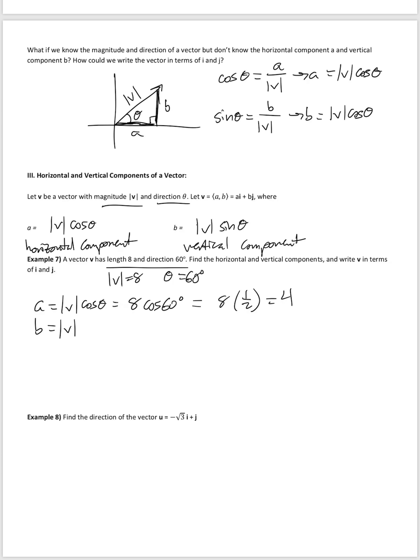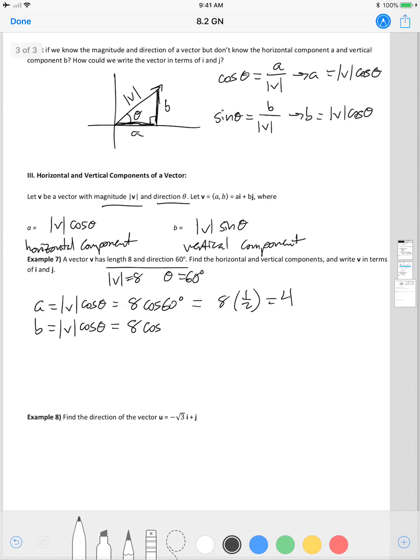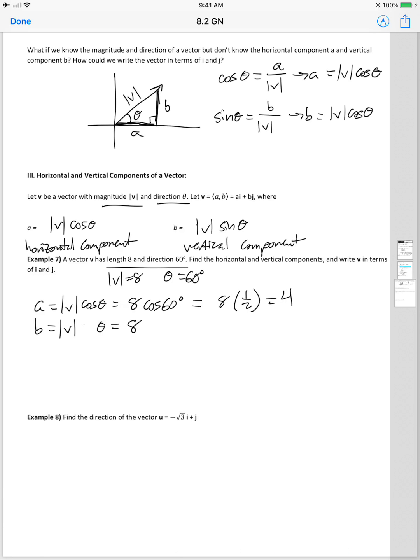That means B, the vertical component, is the magnitude of the vector times the sine of theta, my goodness, forgive me, sine. So 8 times the sine of 60 degrees, which is 8 times the square root of 3 over 2, or 4 square root of 3. So this vector in terms of i and j is 4i plus 4 square root of 3 j.